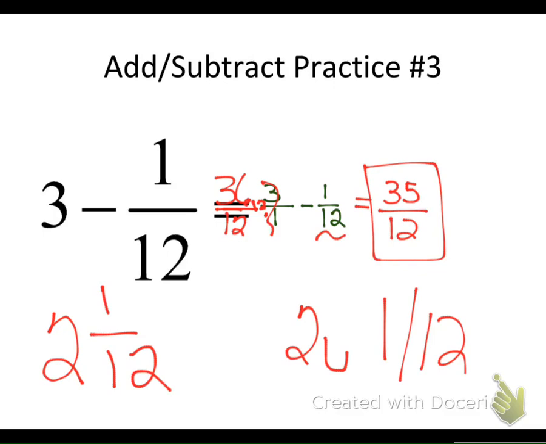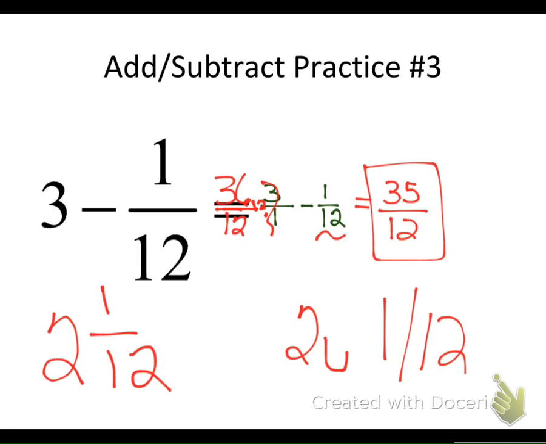Let me refresh my memory here. So if we have 35 over 12, 35 fraction 12 equals. Oh, sorry. So everybody do it one more time for me.